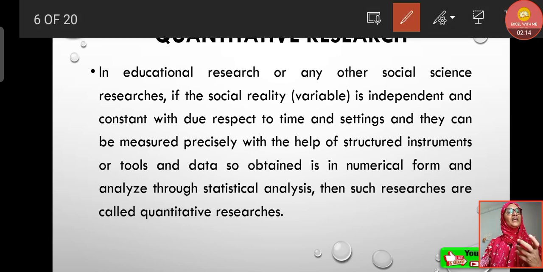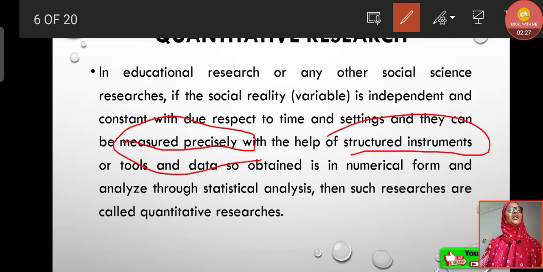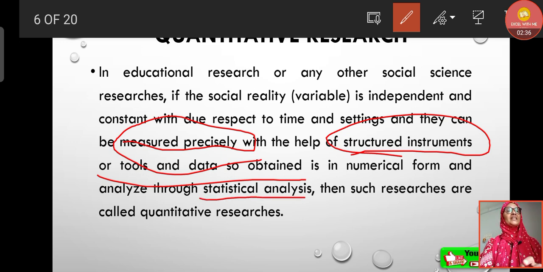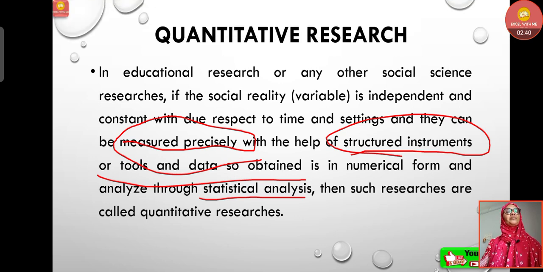Simply, quality, we learn about the behavior; quantity, which will be measured in numbers. So, measured precisely, we have to remember, with structured instruments and tools, and we do the data analysis in numerical form. This statistical analysis is called quantitative research.